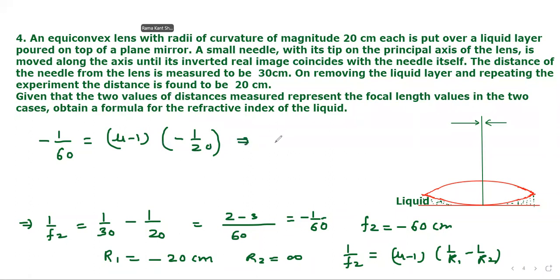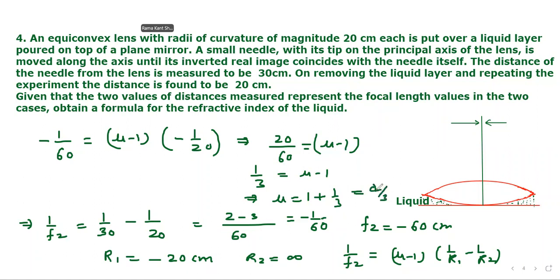So this will become 20 by 60 equal to mu minus 1, or 1 by 3 equal to mu minus 1, from where we get mu equal to 1 plus 1 by 3. So it will be equal to 4 by 3, which is 1.33.